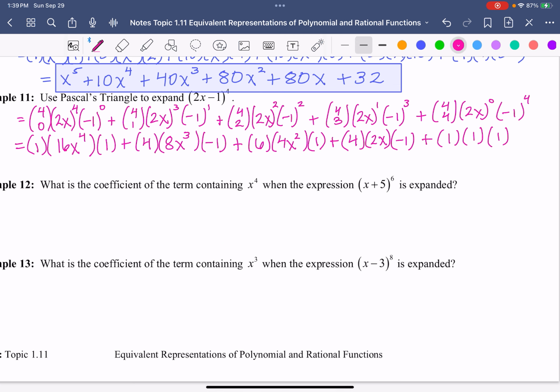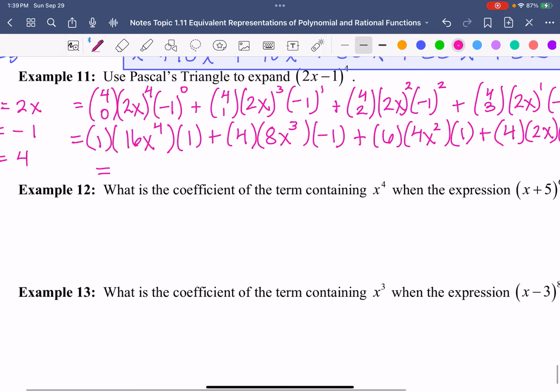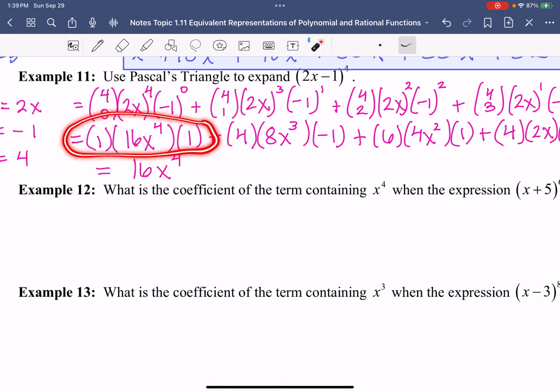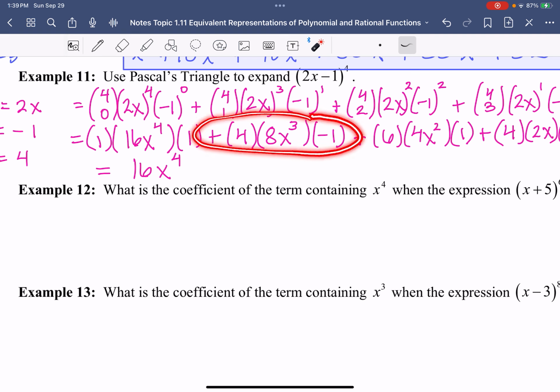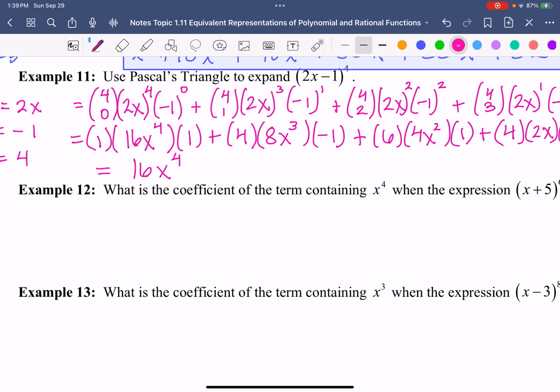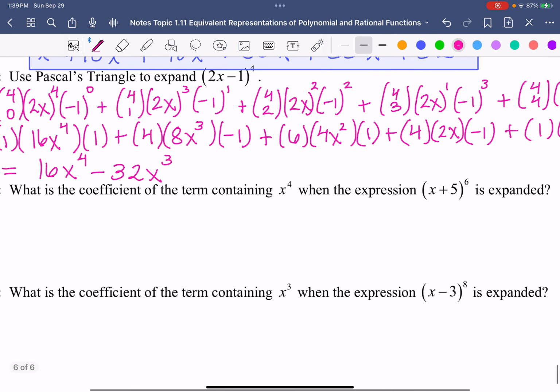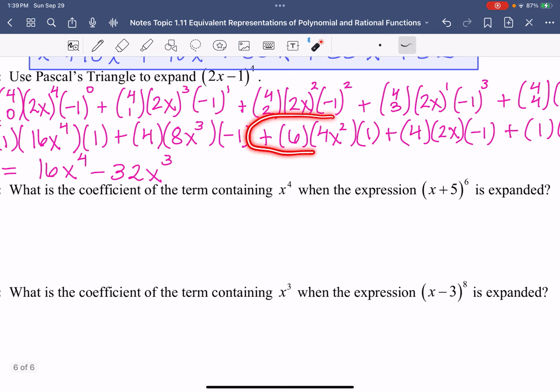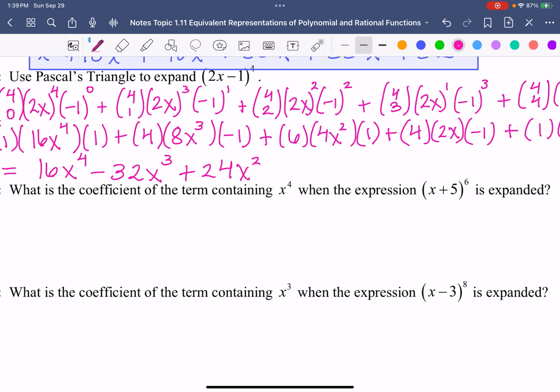Okay, so now we're going to multiply. The first term is 16x to the power of 4 if you multiply all of this. The next term, we have 4 times 8, which is 32, times negative 1 is negative 32x cubed. The next term, we have 6 times 4, 24, times 1 is still positive 24x squared.